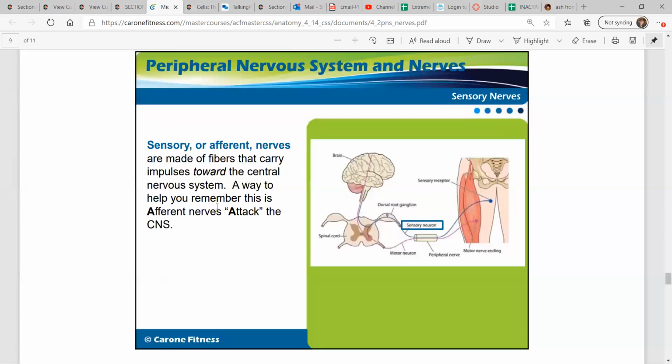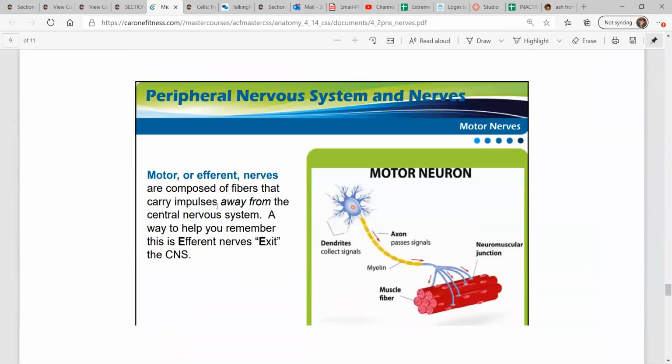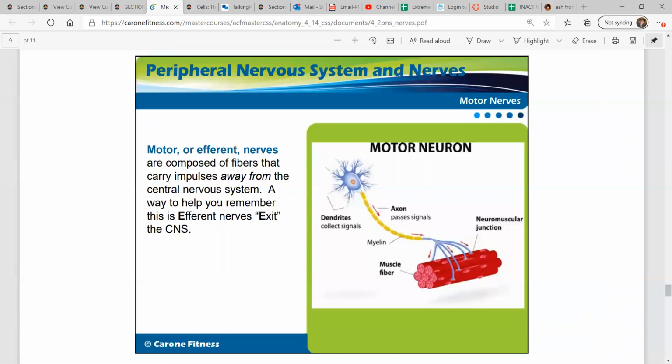Sensory or afferent nerves are made of fibers that carry impulses toward the CNS. Toward. A way to help you remember this is afferent nerves attack the CNS. So A as in afferent is to A as in attack. They're sending stuff towards the CNS. Whereas motor nerves are composed of fibers that carry impulses away from the CNS.